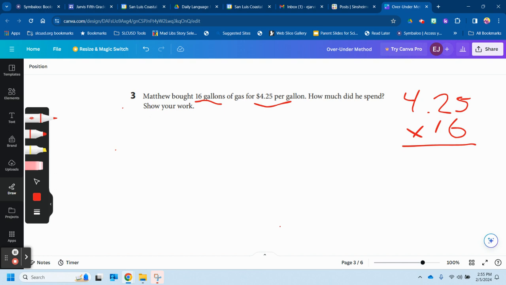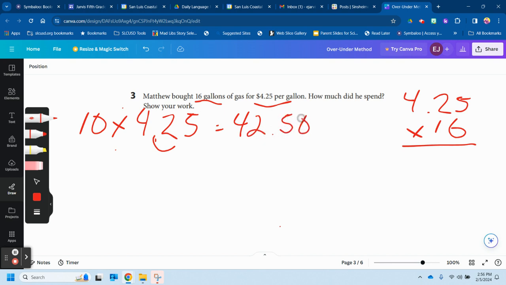If I can figure out 10, with the double half method, I can figure out 5, right? So 10 times 4.25 equals, when I multiply by a power of 10, I just move the decimal 1 to the right. That's 42.50.